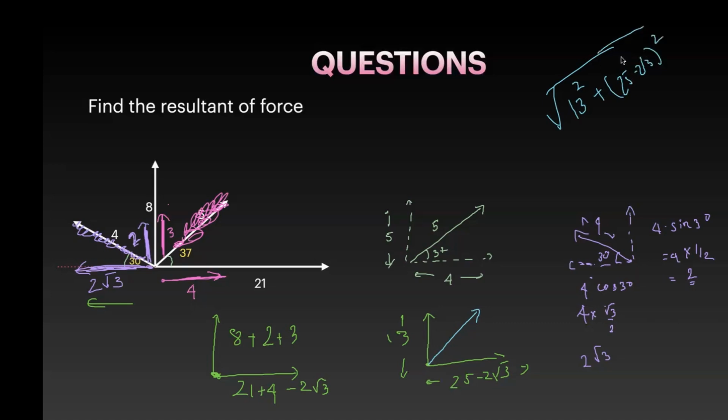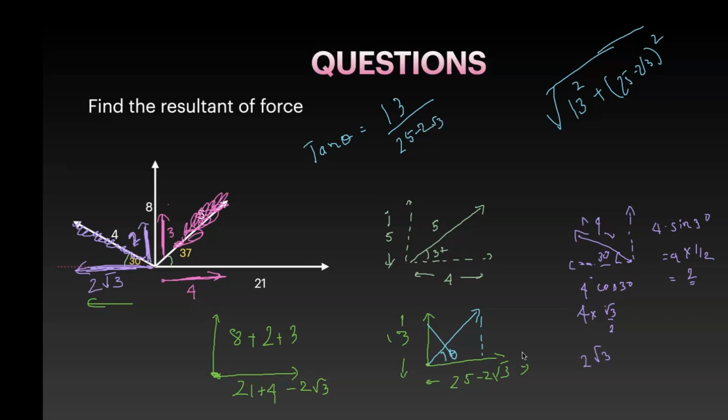So this will give you the magnitude of this blue vector. Now, an important thing is this angle is theta. What angle does this make with the horizontal? How will you write? Yes, correct. Tan theta is nothing but 13 divided by 25 minus 2 root 3.